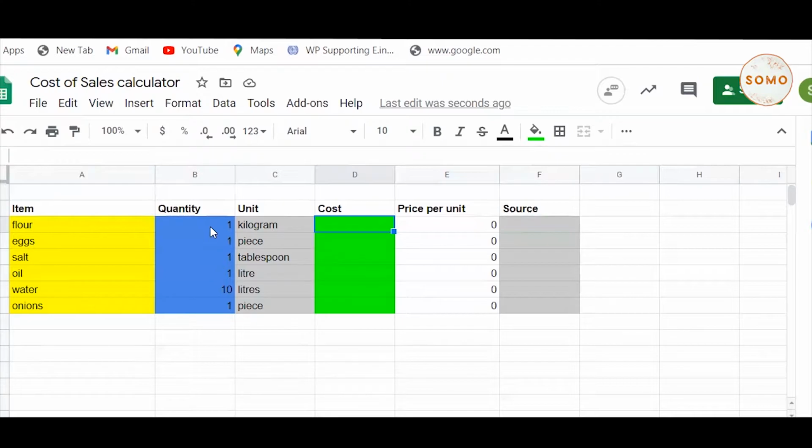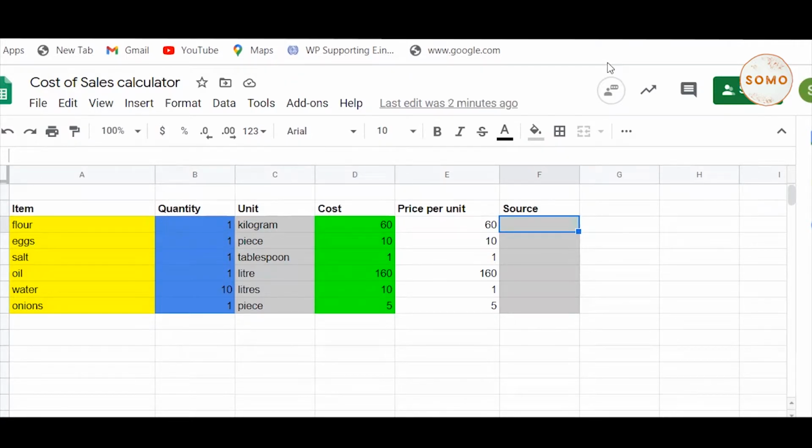In the case of flour, 1 kilogram is 60 shillings. 1 piece of an egg is 10 shillings. 1 tablespoon is 1 shilling. A liter of oil goes for 160 shillings. 10 liters of water is 10 shillings. And lastly, 1 piece of onions is 5 shillings.